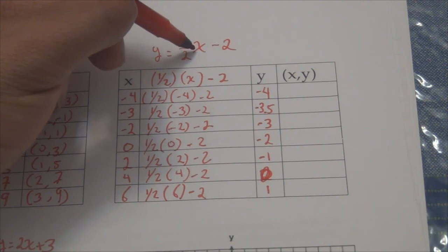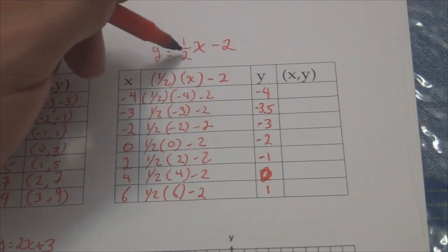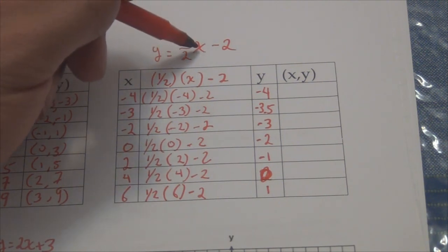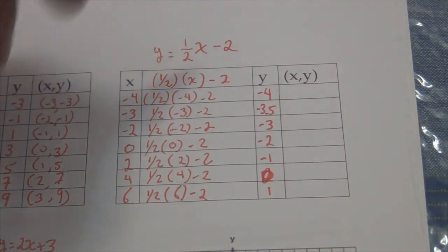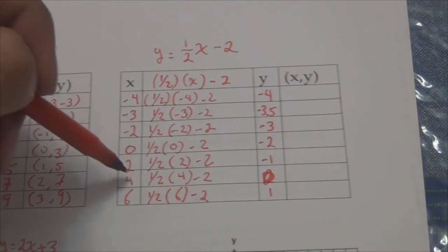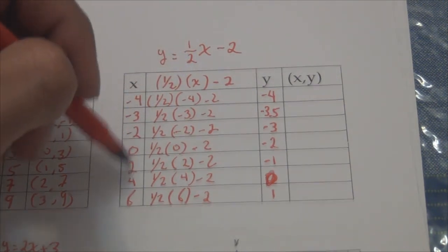This is the number that changes x. So it's gonna change it by a half. Whatever x is, you gotta take a half. So if this was a 5, we have to take half of 5, which is 2.5. You see, a half means to divide by 2. So every value that I give here was gonna get divided by 2. So that's why I chose even numbers.